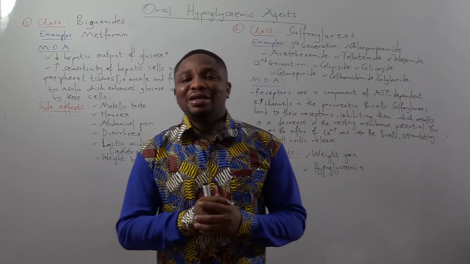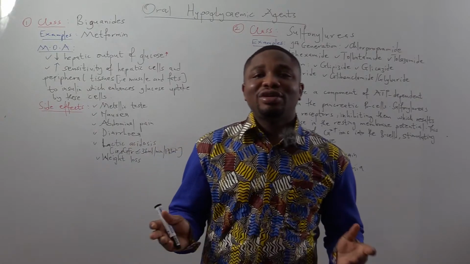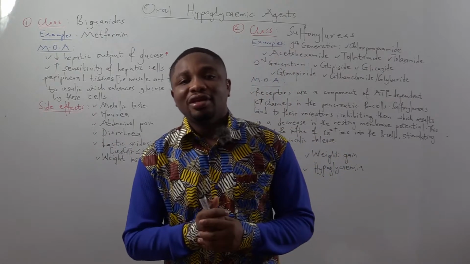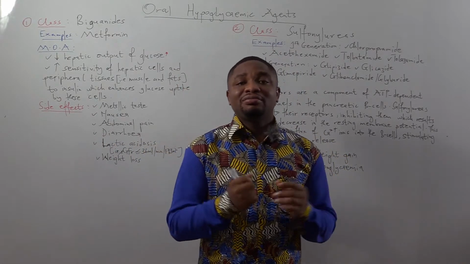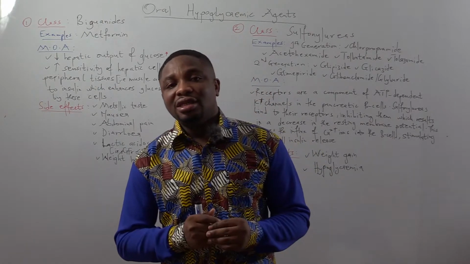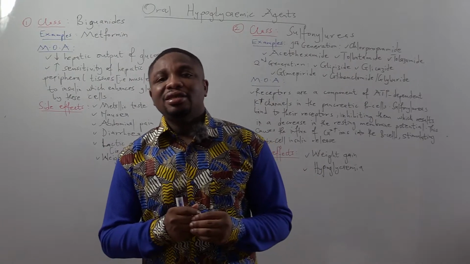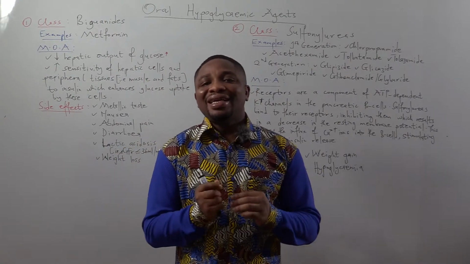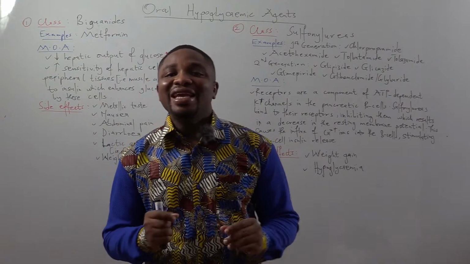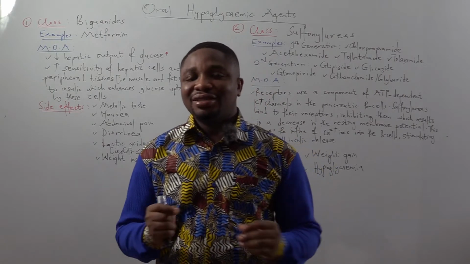Now let's look at the mechanism of action of the biguanides, that is metformin. The first mechanism of action is that metformin decreases hepatic output of glucose, and that constitutes the main mechanism of action.